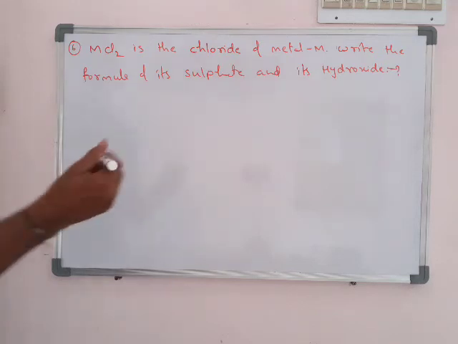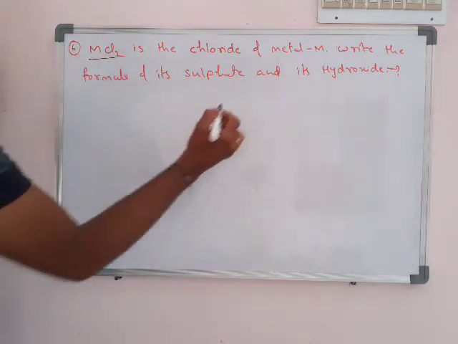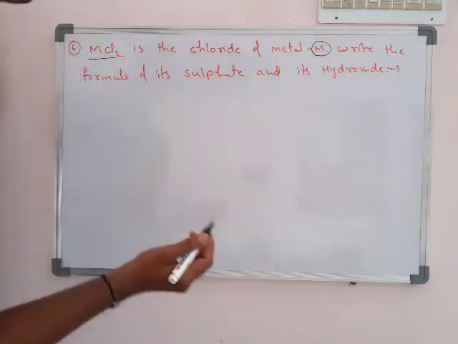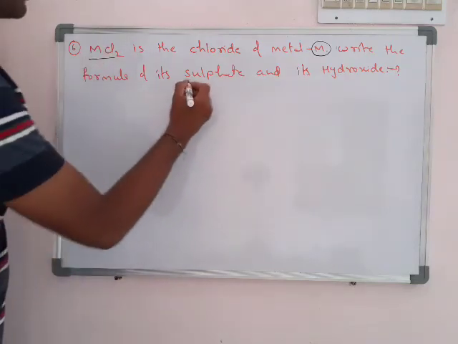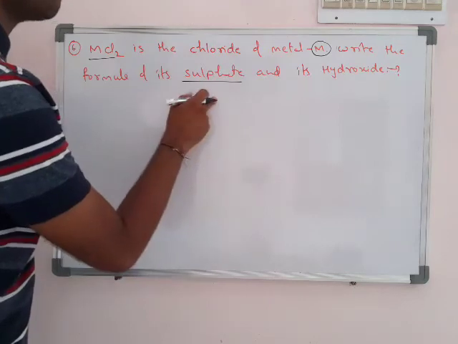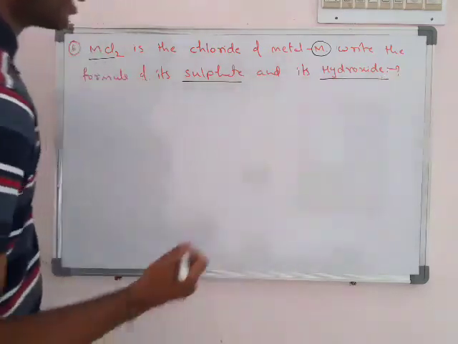A metal is given, that is M, and the metal chloride is MCl2. We need to write its metal sulfate and the formula for the metal hydroxide.